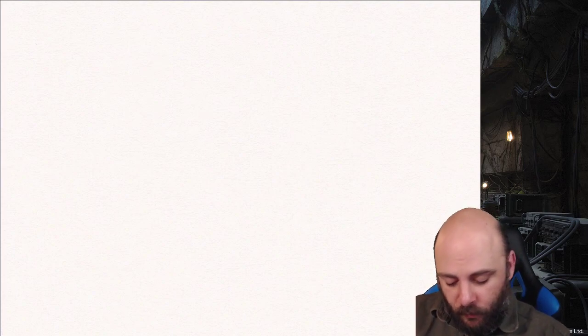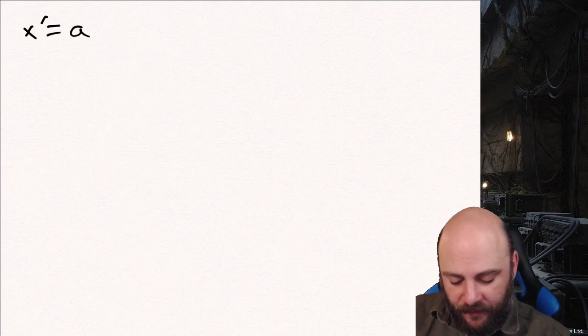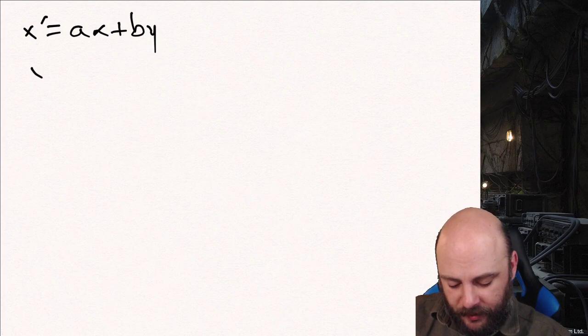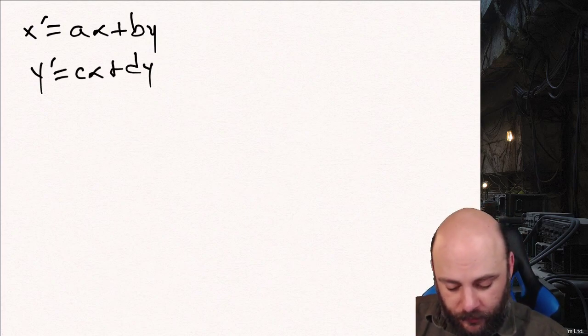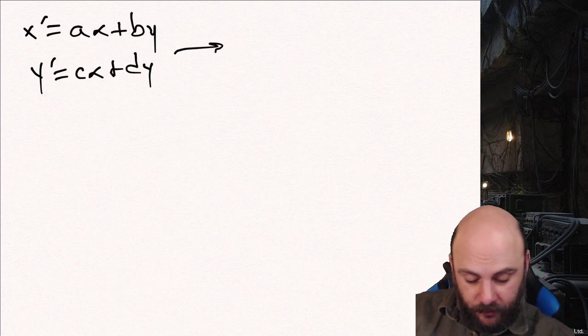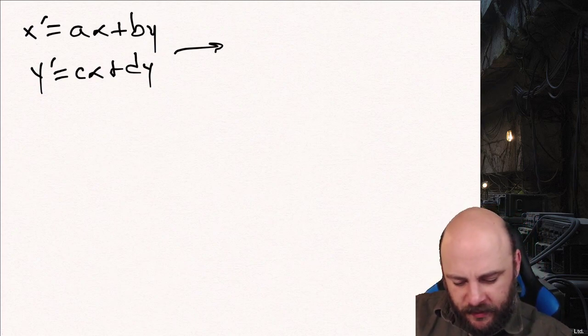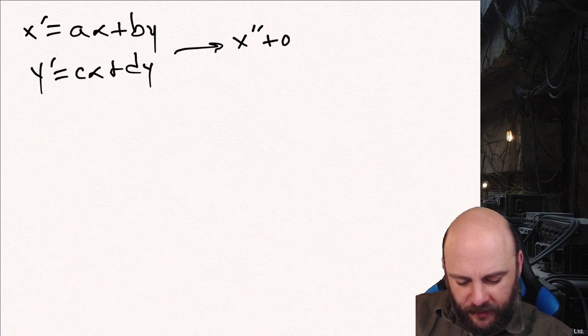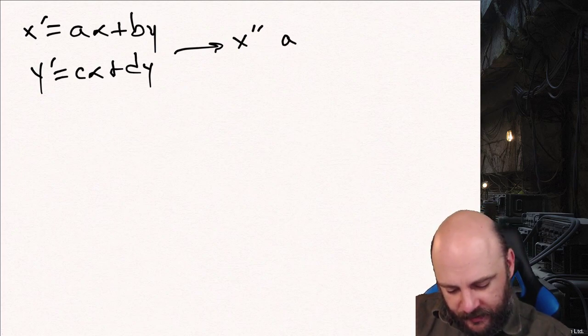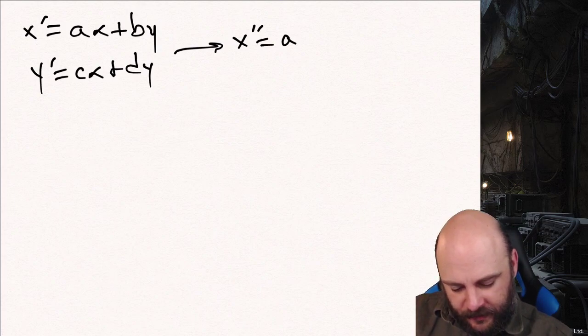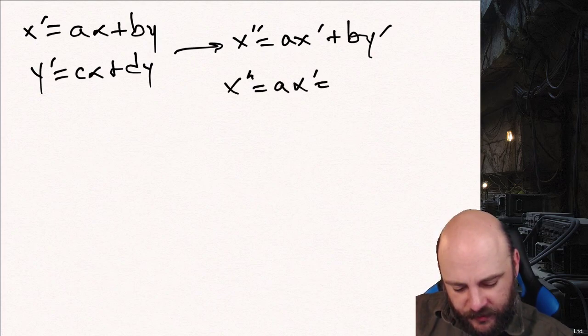What I don't want you to have to do every time you see a system problem like this is this. So don't do it. Take the derivative of the first equation, sub in the second equation where you see a y prime, that is supposed to be a plus, cx plus dy.